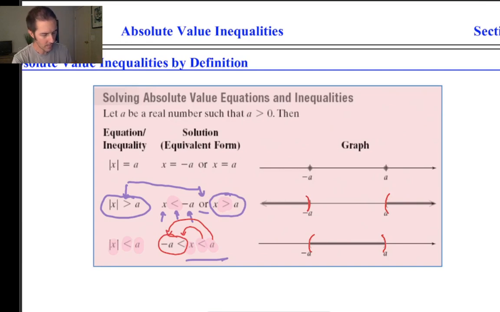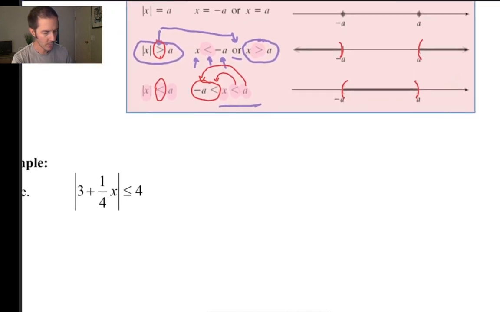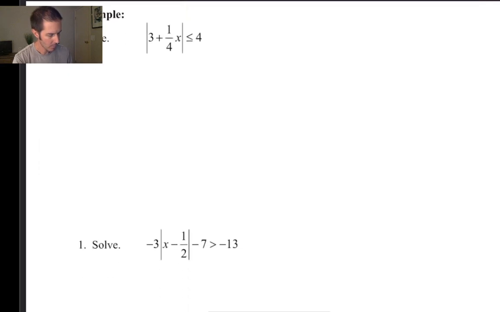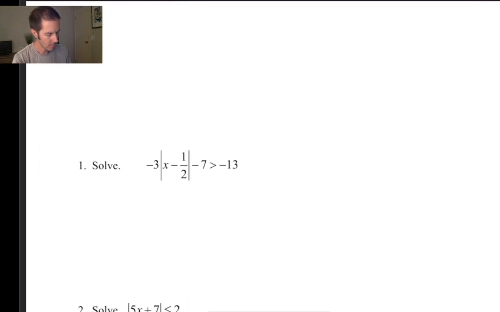But if one of these symbols has an or equal to in it, then instead of parentheses we will use the square brackets or closed brackets. And that's what we're going to be doing in this first example. We're going to end up using the closed brackets or square brackets because the inequality symbol has the or equal to symbol in it.